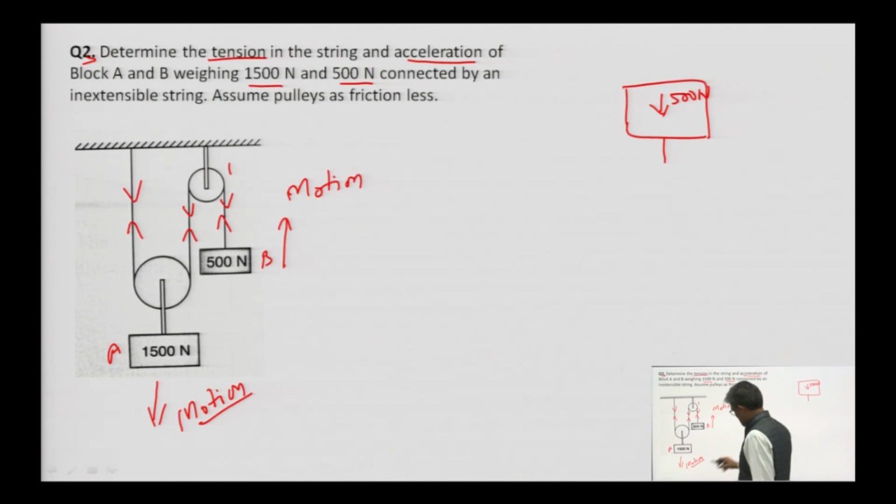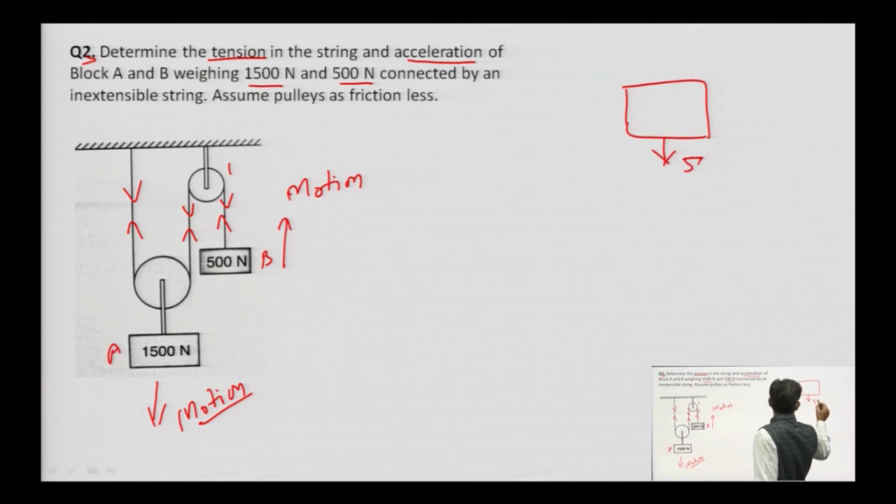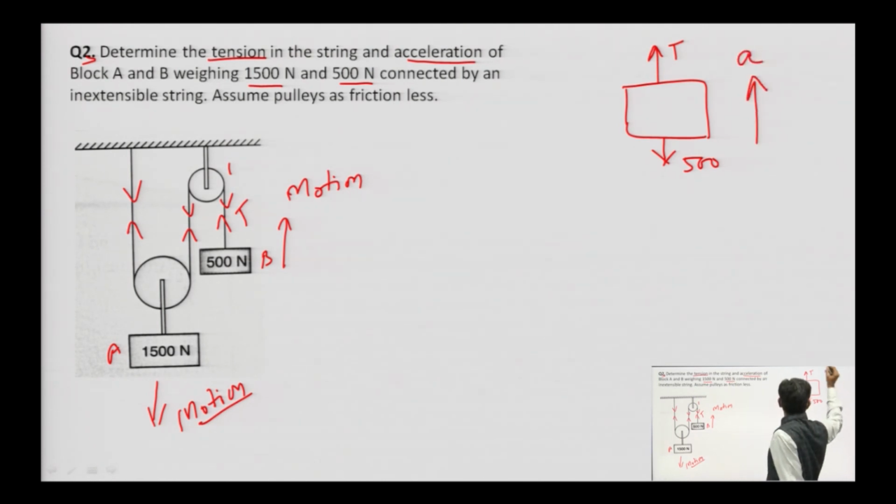Its weight is 500 Newton, and the tension T. Since it is moving in this direction, say acceleration is a. So, it is possible only when T is more than this value.